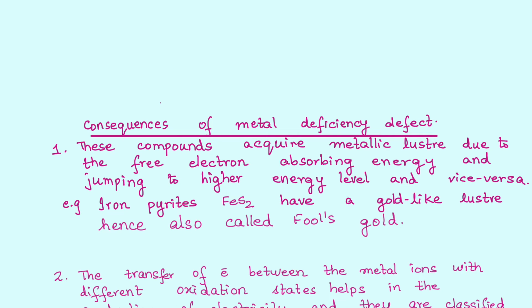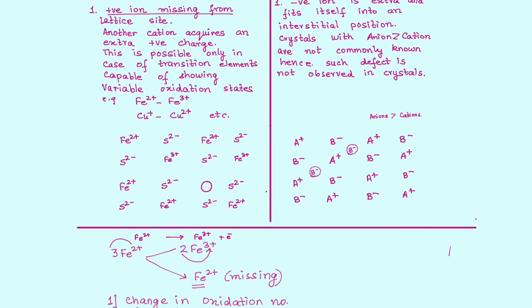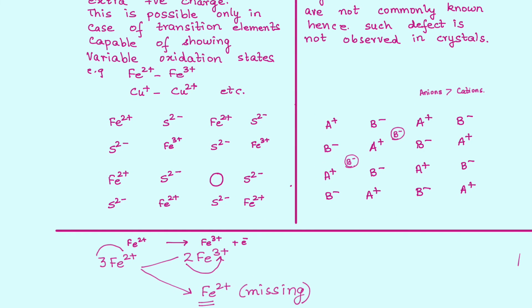Let us now do some of the consequences or effects of this metal deficiency defect. Now, as you can very clearly see, there is loss of electron and there is a change in the oxidation state. Because there are electrons over here, they can absorb energy, light energy, and that leads us to, yes, of course, color, luster, shine.